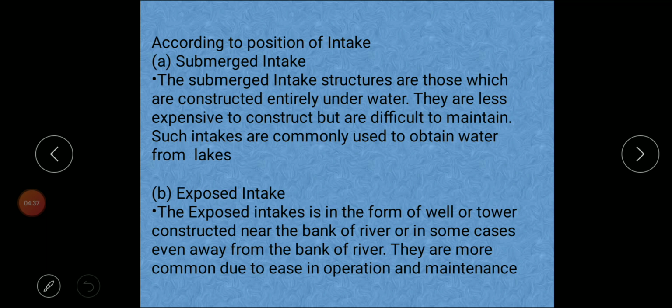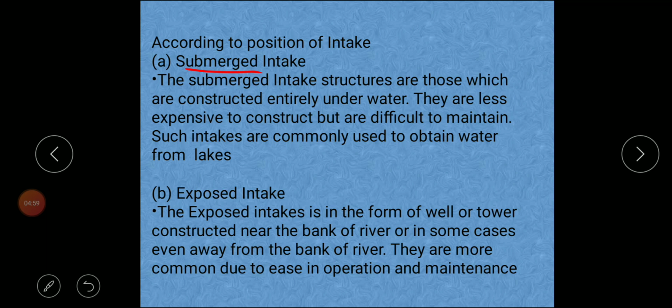According to the position of the intake, first, the submerged intake. Submerged intake structures are those which are constructed entirely underwater. The name itself indicates it: submerged, so the intakes are sunk into the water.